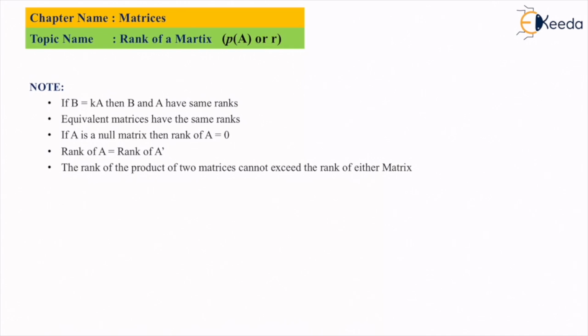If you check the rank of that product matrix, then it cannot exceed the rank of either of the matrices. So there is a matrix A, there is a matrix B. Let's say A has rank 3, let's say B has rank 2. Then if you check the rank of AB, it will always be less than or equal to the rank of A and B. So these are the properties of matrices while finding the rank.